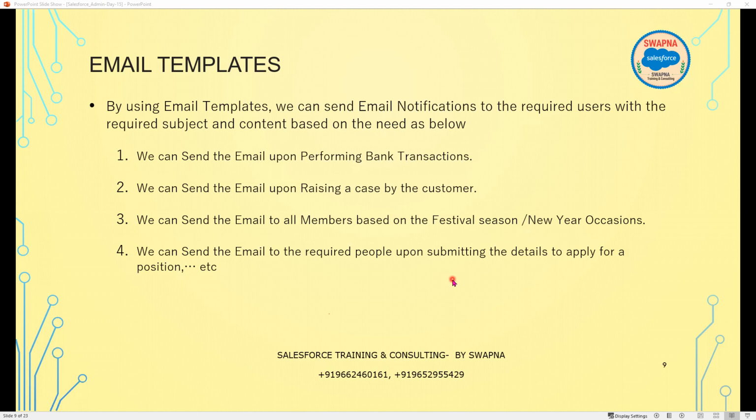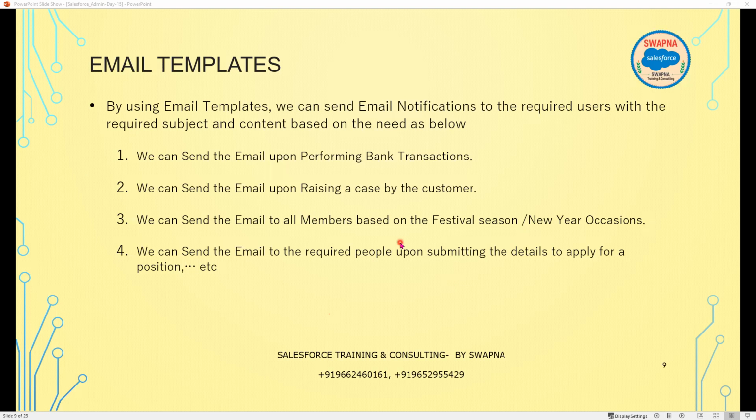Right? That is also an automated email template that happens at the back end. Now there are different ways of automation which we can do by using the email template based on the scenario. Based on the scenario, we can send an email template to different types of people, different customers or different partners. Right? We can send the email.